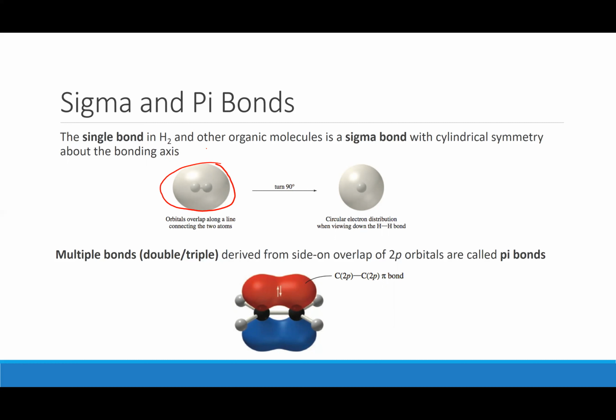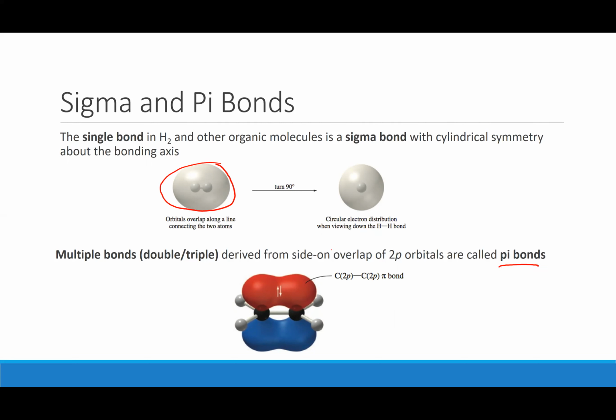But if you have multiple bonds, like a double or triple bond, you actually are going to be using p orbitals instead of the s orbitals. And the overlap of the p orbitals we call a pi bond.